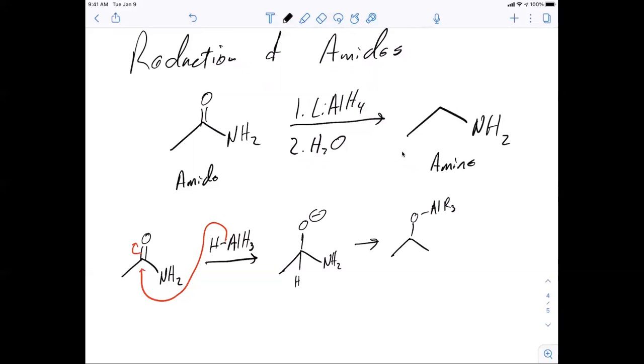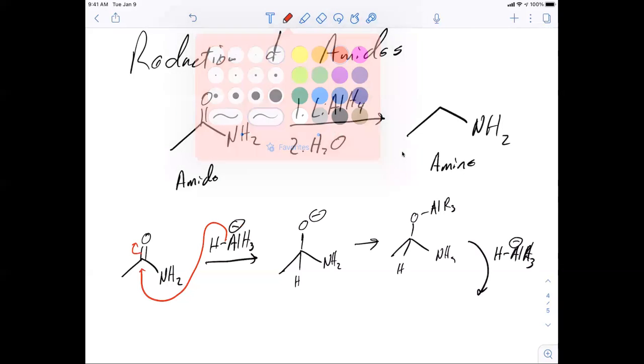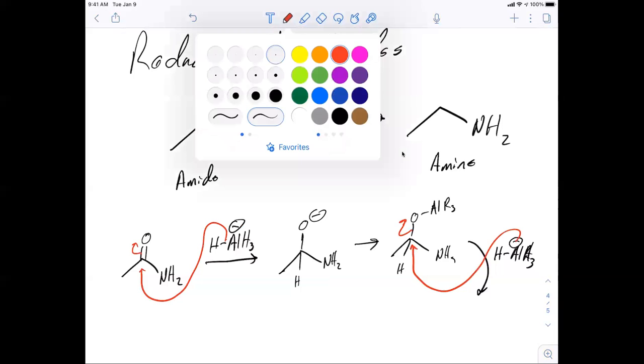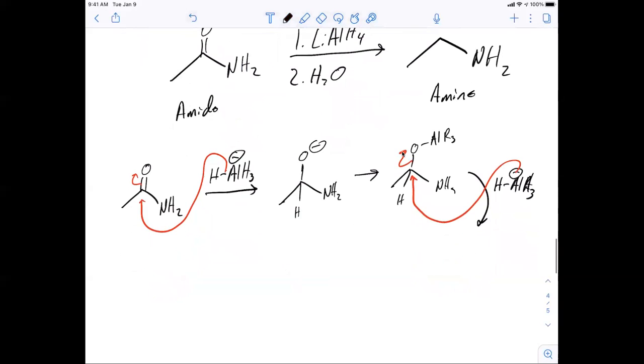And I'm gonna put an R3 there. And then this reacts with another hydride. And we get loss of the, that ends up giving us this.